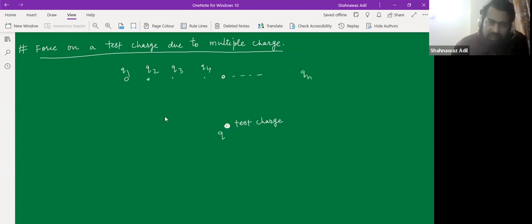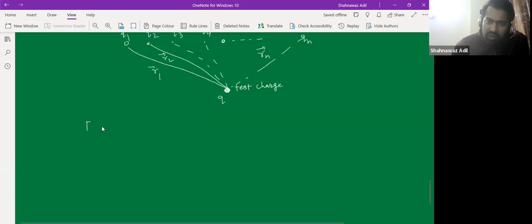So these are the charges, and the separation is, let's say, this is R1, this is R2, and then in the last you have Rn, right? What would be the force due to n charges? This would be the superposition of all the individual forces.